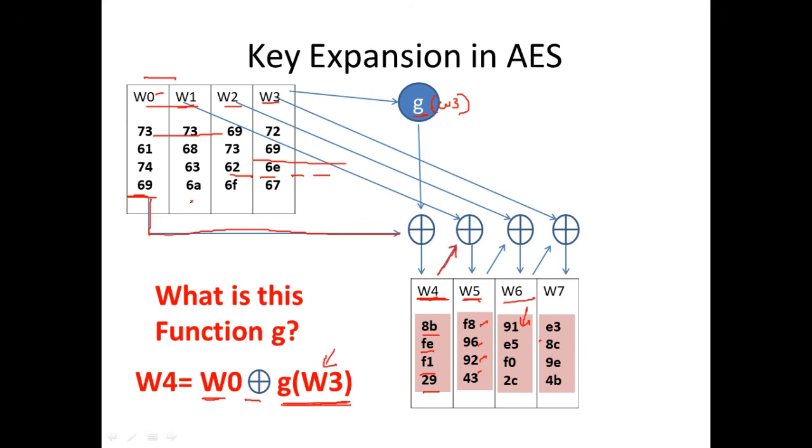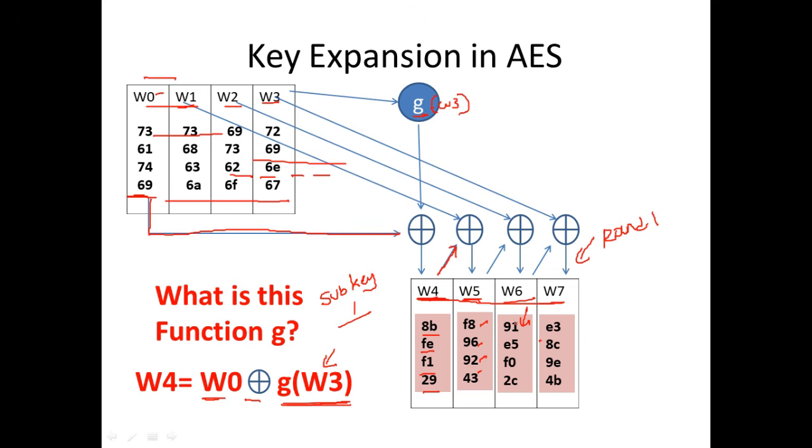So finally, using these 4 words, we have generated the next 4 words, and these 4 words will be used as a subkey in round 1. We can call this subkey 1. So subkey 1 is nothing but W4 to W7.